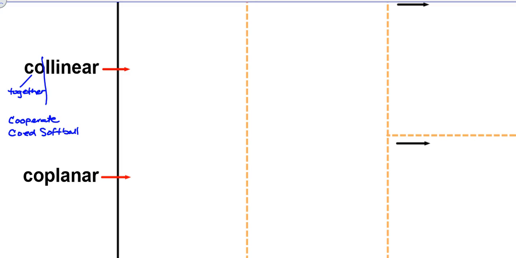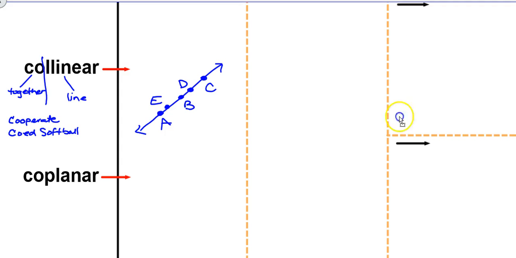The prefix co means together, and this means a line. So collinear means together on a line. A, B, and C. We can have more than 3. We can put on D and E.